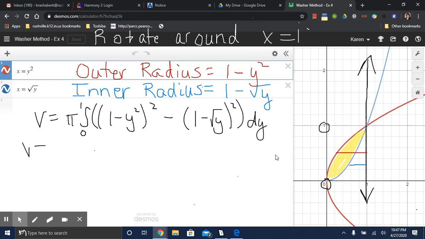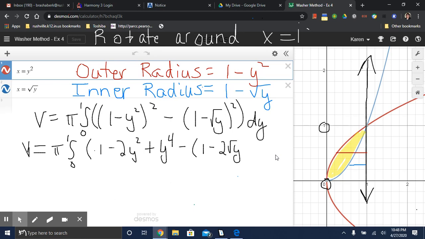So volume would equal pi times the integral from 0 to 1. After multiplying this out, we would have 1 minus 2y to the second plus y to the fourth, minus, and then 1 minus 2 square root y plus y.